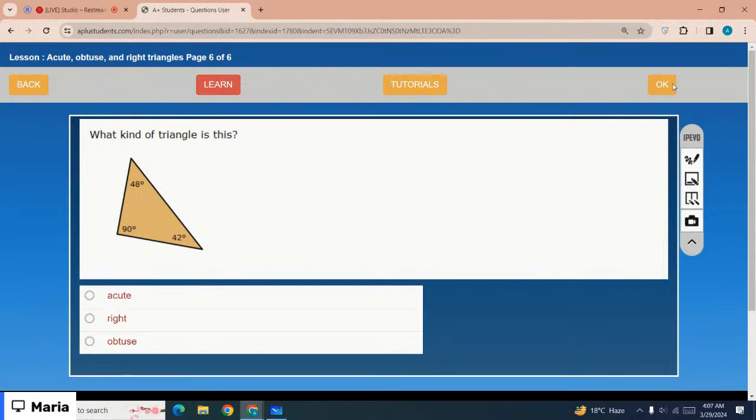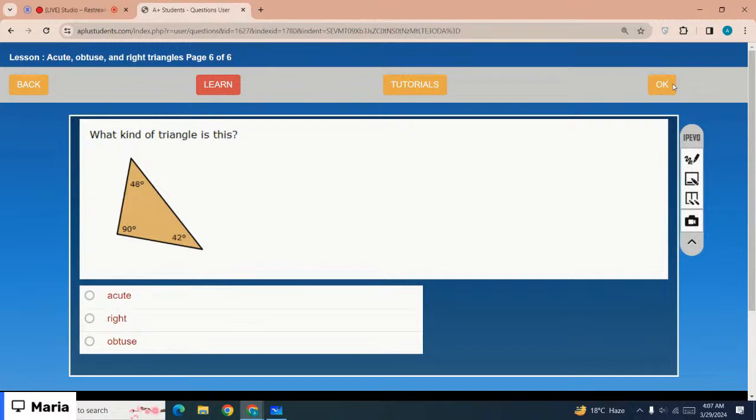Okay, what kind of triangle is this? Which is the correct option? That is the right angle triangle, right?